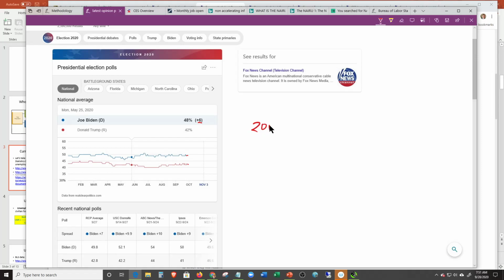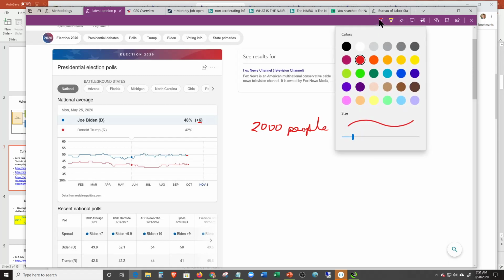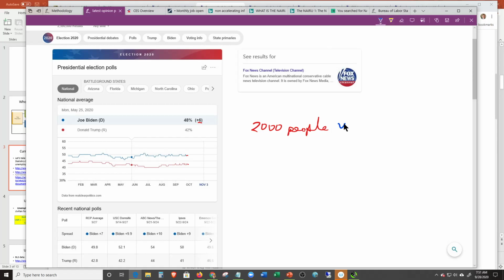But this is basically about 2,000 people participating versus, for the Current Population Survey, approximately 120,000. So this is going to be much more accurate.